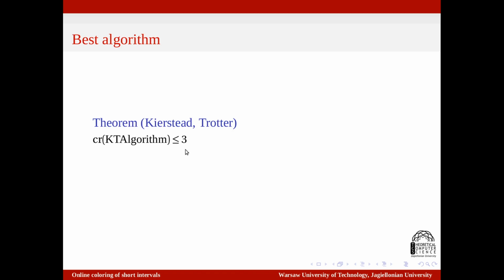And Kierstead and Trotter also proved that any online algorithm has a competitive ratio at least 3. So this is quite a nice situation. It tells us that this algorithm is best possible. It has competitive ratio at most 3, and no other algorithm can do better.